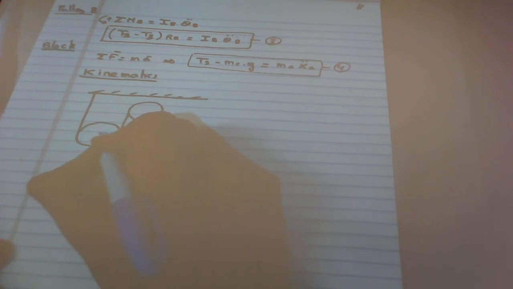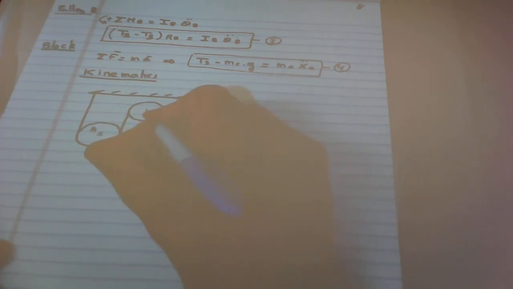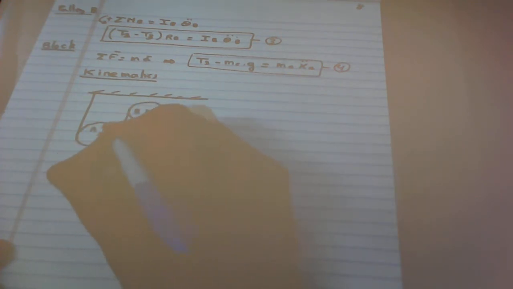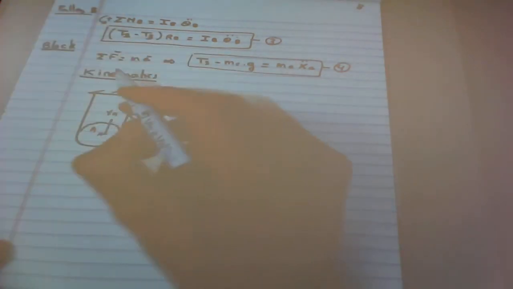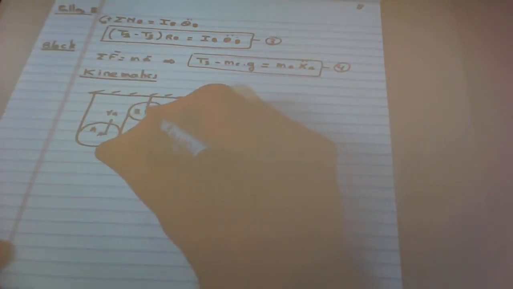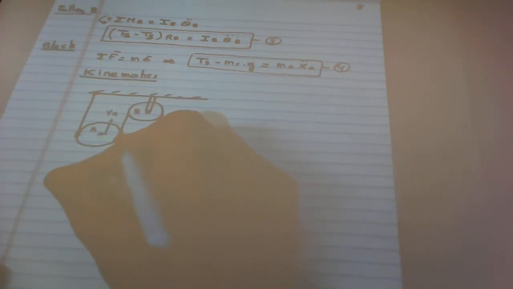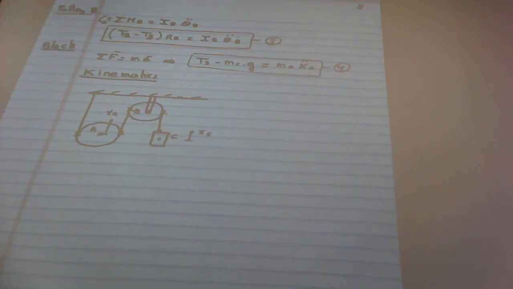This will be point A over here, this point B, this point C. X of C. X of A. Okay, so here is going to be a good review of dynamics.